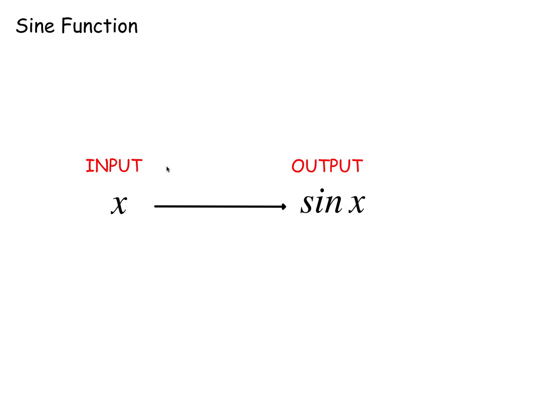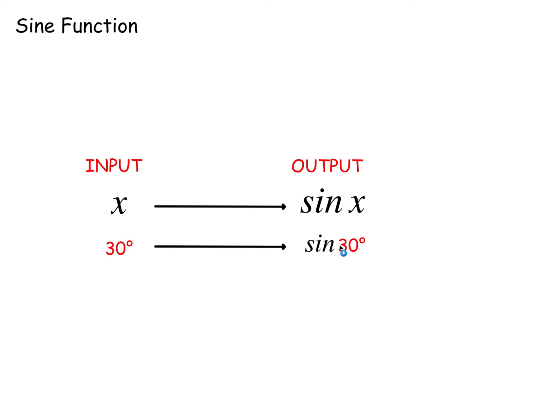So we can express a function using letters. We can say x is the input, then the output is sine of x. For example, input 30 degrees, the output is sine 30 degrees.